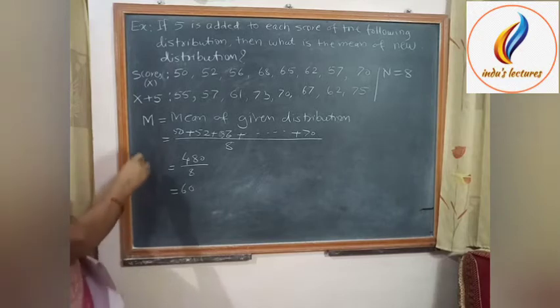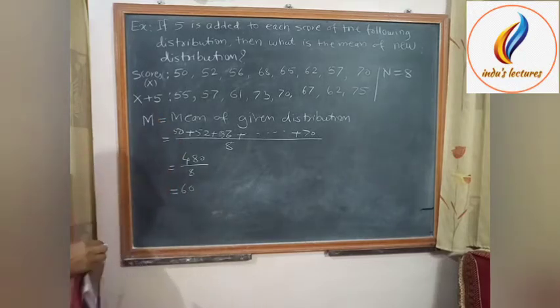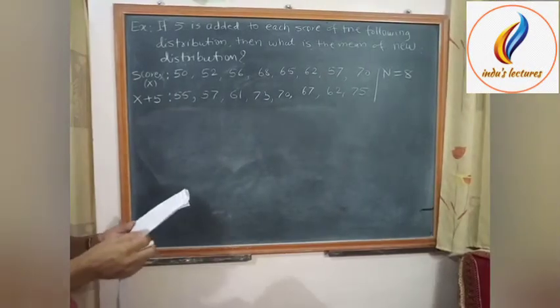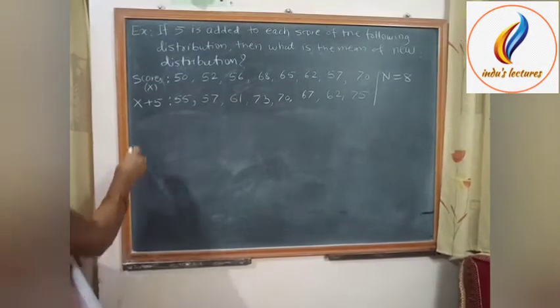Now we find the mean of the new distribution. Suppose the mean of the new distribution is m dash.